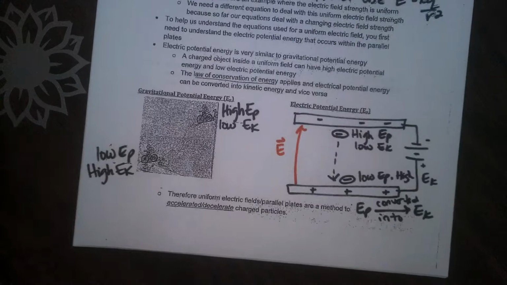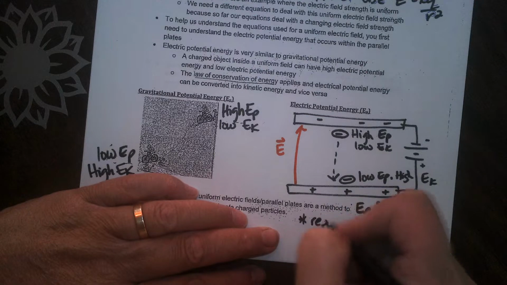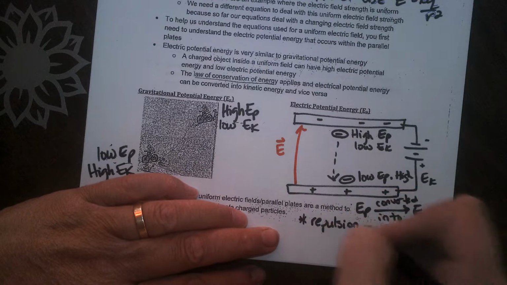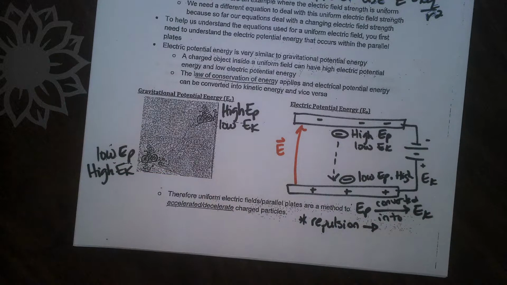So what could we say in terms of repulsion and attraction? What kind of energy does repulsion have? Let me change the question around, make it a little bit easier for you.